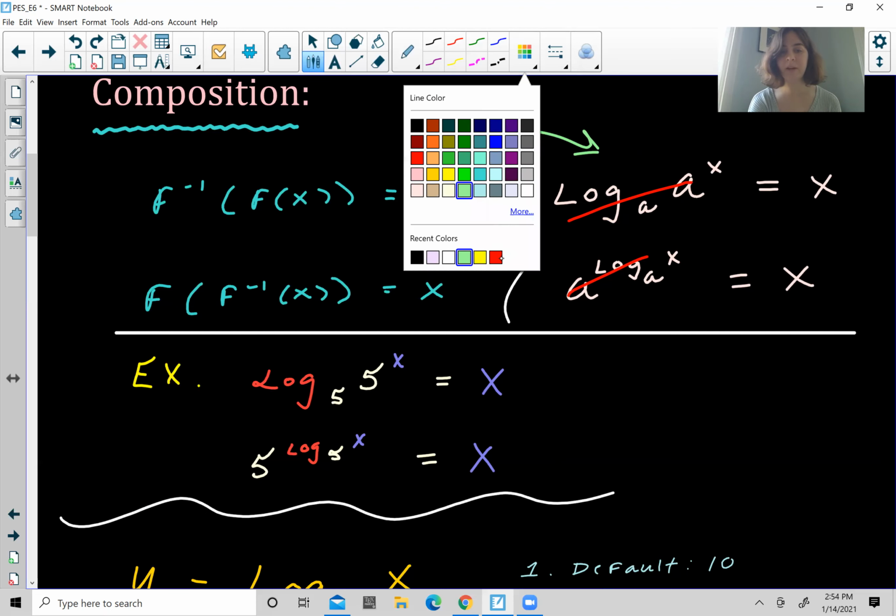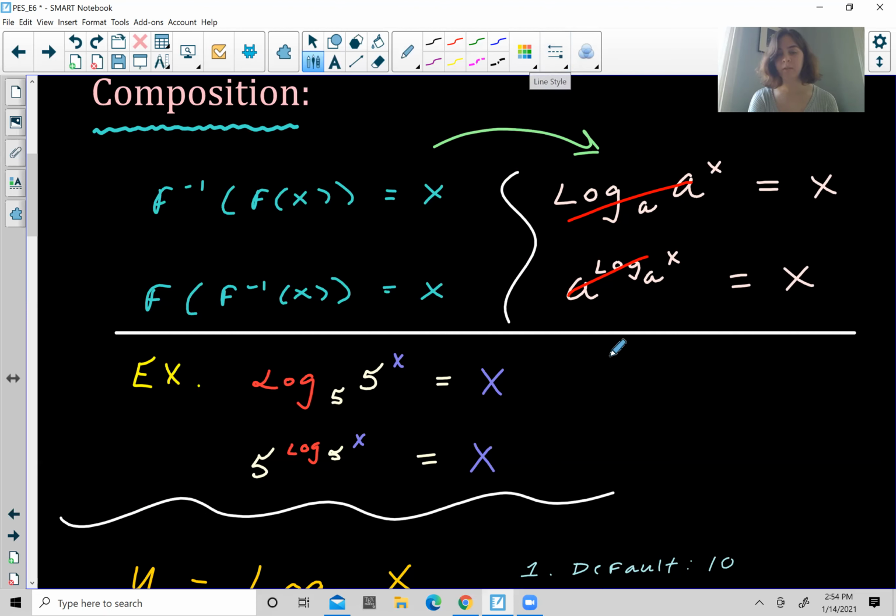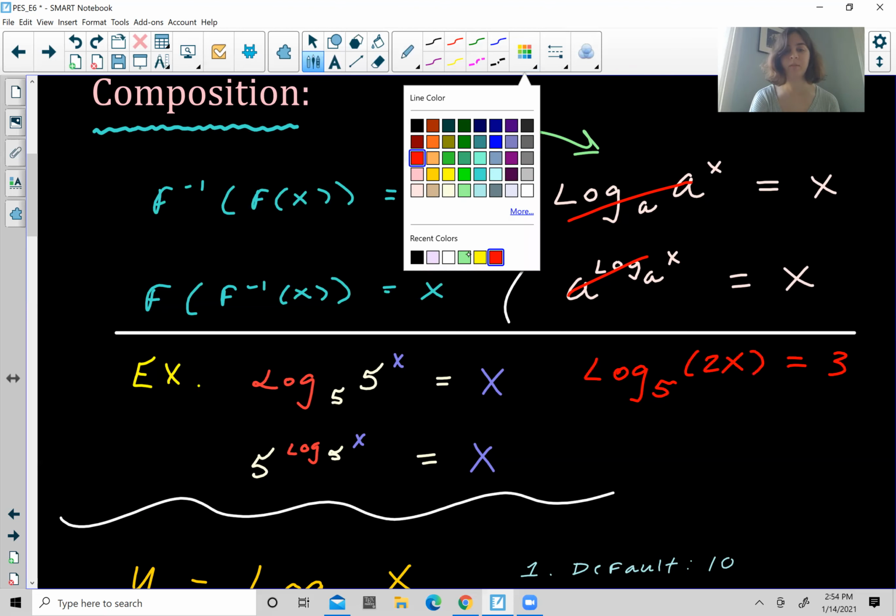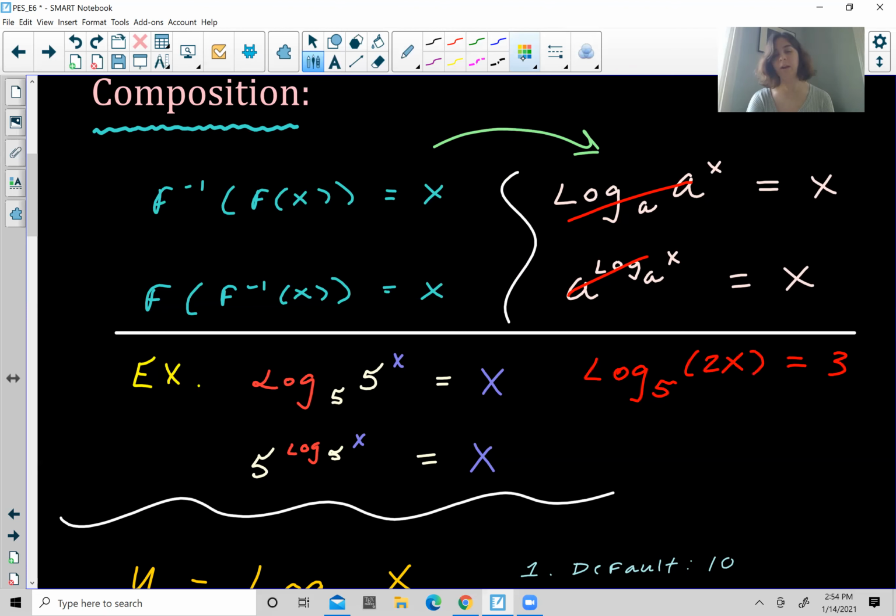And this is especially useful if you're doing a problem that involves logs that you want to get rid of the log. That's when these properties come in handy. So if I had log base 5, let's say of 2x, and that equals 3. If I want to solve for x, I can raise both sides into an exponent and have that base of 5 under there.